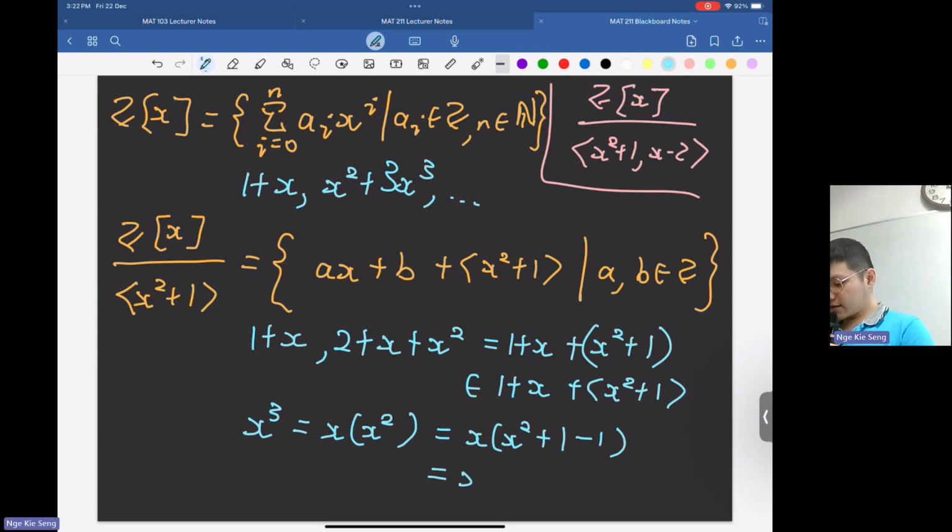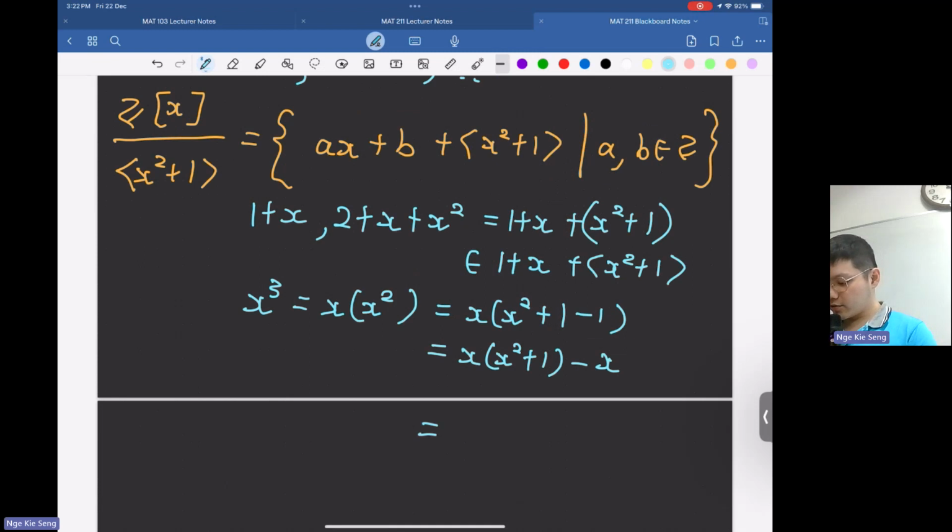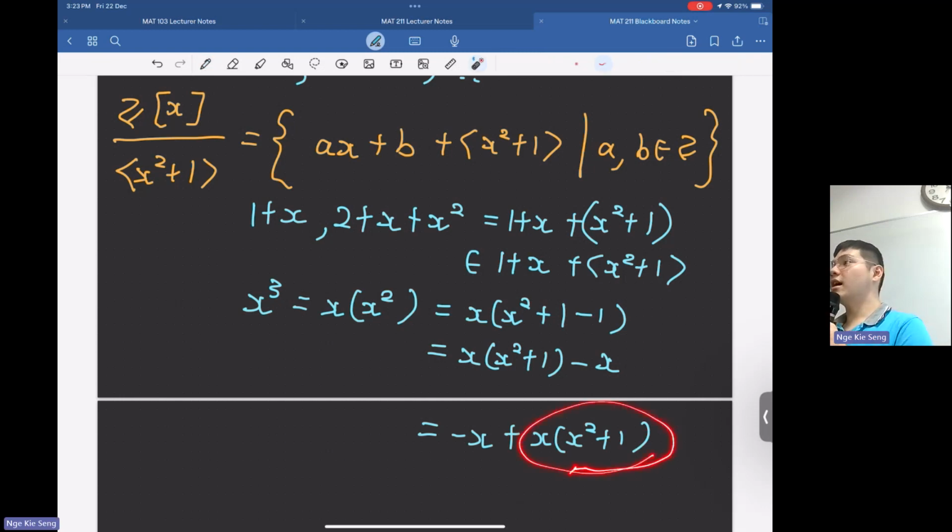Then this is x times (x squared plus 1) minus x. So x cubed is equal to x times (x squared plus 1) minus x. But what is this? This is something in the ideal generated by x squared plus 1.